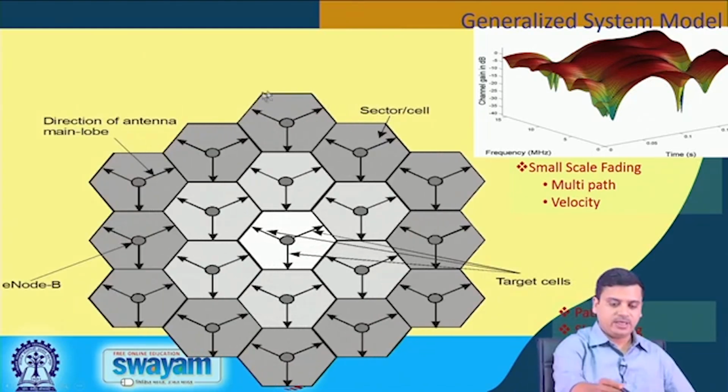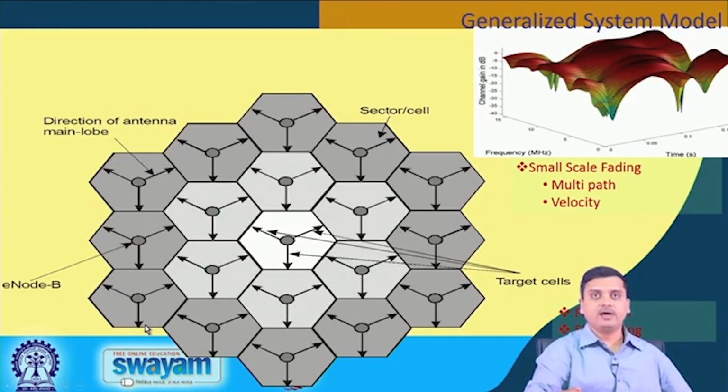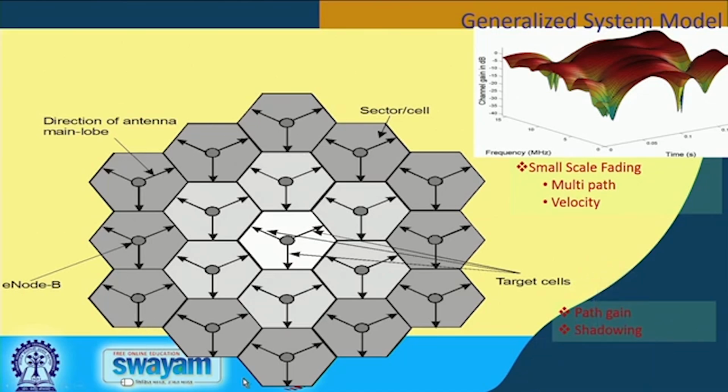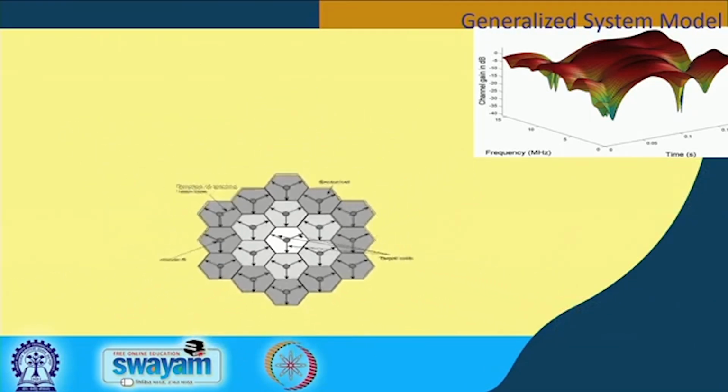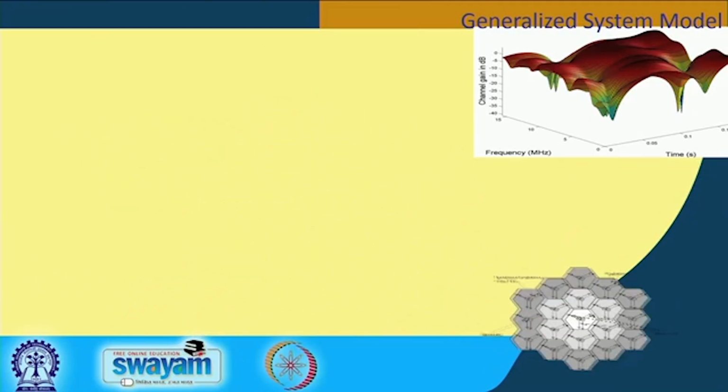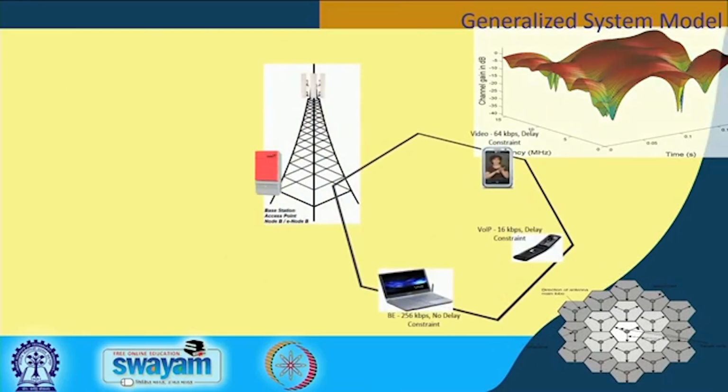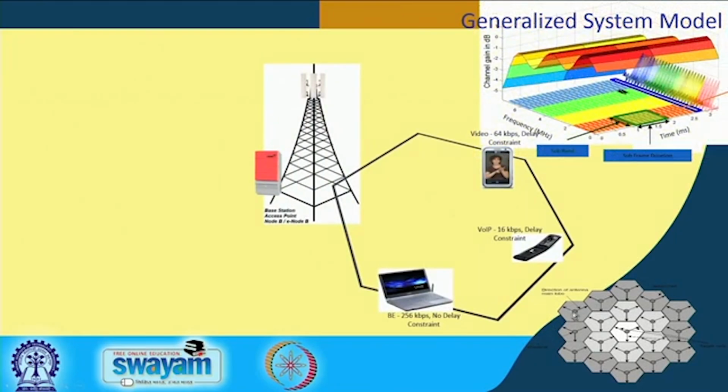And you have the hexagonal cell layout. This is for evaluation purposes, and you have a 19 cell layout with 57 sectors. You take your desired cell as the one in the center, while you have interference from all other neighboring cells, and then you have the resource blocks, where each resource block sees different channel conditions.